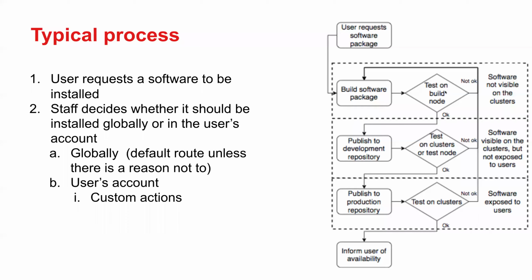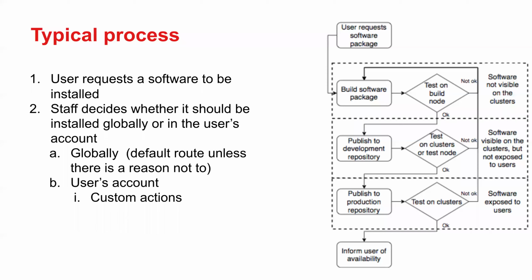If it's not okay, we rebuild it. If it's okay, we have a development CVMFS repository that can be seen on the cluster, so we can use it to test on the cluster, or we have a special test node for that.